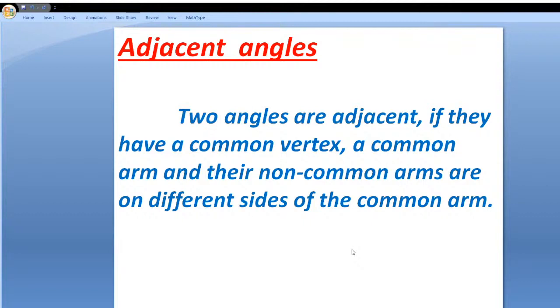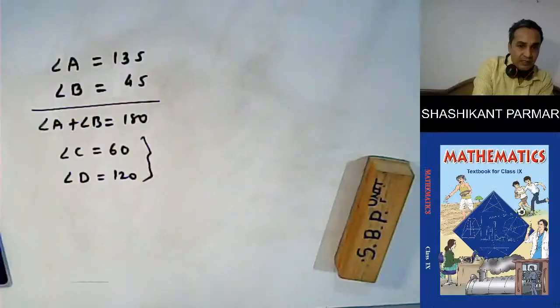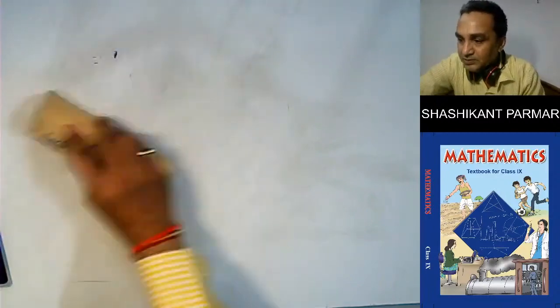Two angles are adjacent if they have a common vertex, a common arm, and their non-common arms are on different sides of the common arm. Okay, let me explain.